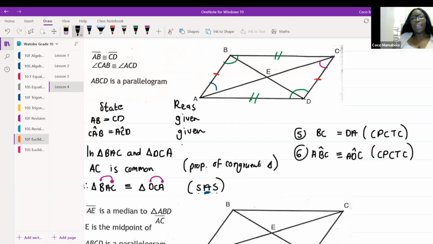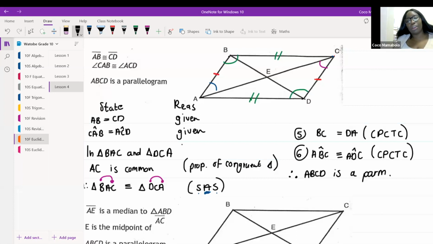Now, if we look at the properties of a parallelogram, we know that the opposite angles must be equal. We know that the opposite sides must be equal. That is enough information for us to then say that ABCD is a parallelogram.